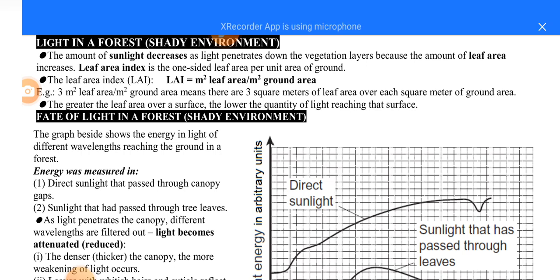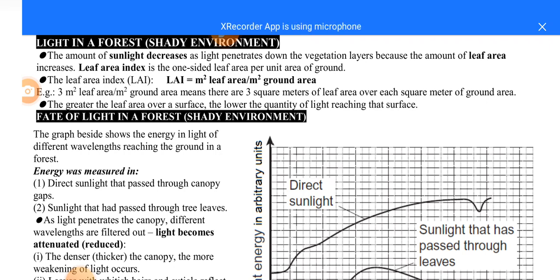For example, 3 meters squared leaf area divided by 1 meter squared ground area means there are 3 square meters of leaf area over each square meter of ground area. The next bullet says that the greater the leaf area over a surface, the lower the quality of light reaching that surface.